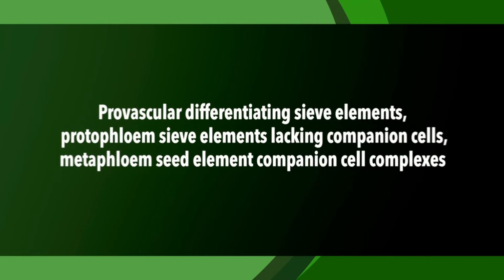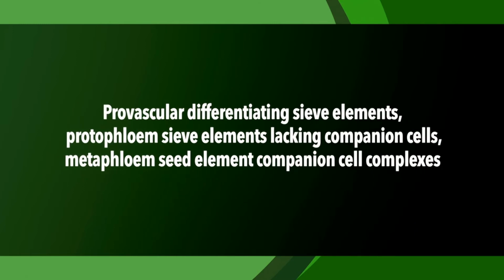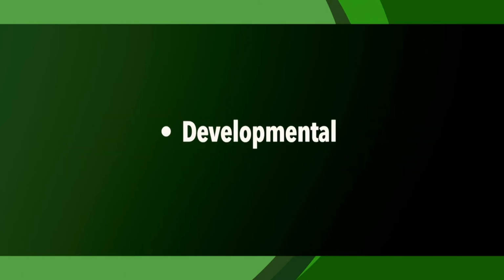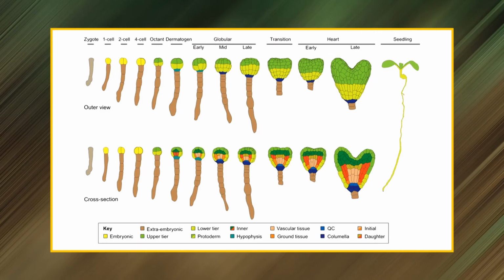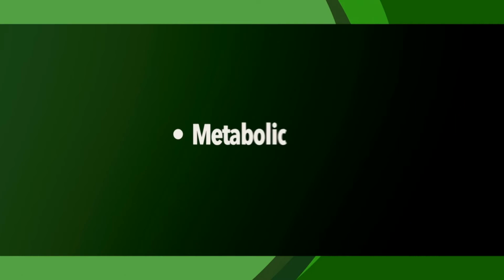For example, in provascular differentiating sieve elements, protophloem sieve elements lacking companion cells, metaphloem sieve element companion cell complexes. Number 3, developmental. For example, cell division and cell expansion. Number 4, metabolic. For example, storage of soluble compounds or polymers, growth sinks.